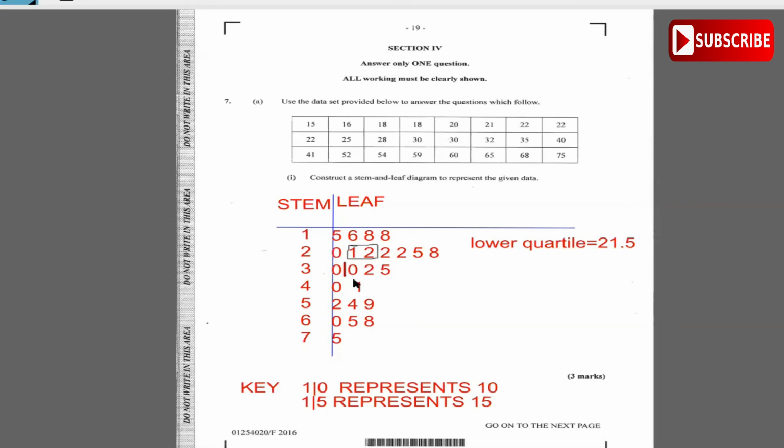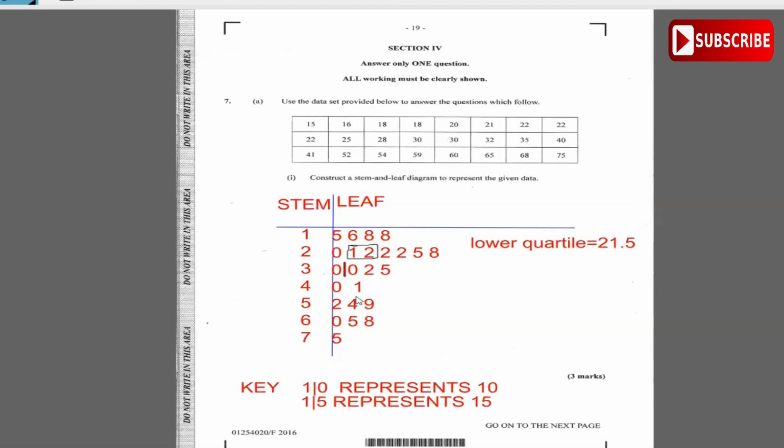Let's find the upper quartile now. To find the upper quartile, it's going to be 3/4 of 25, which is the 18th and 3/4 term. So really it's between the 18th and the 19th term. This is 13, 14, 15, 16, 17, 18.